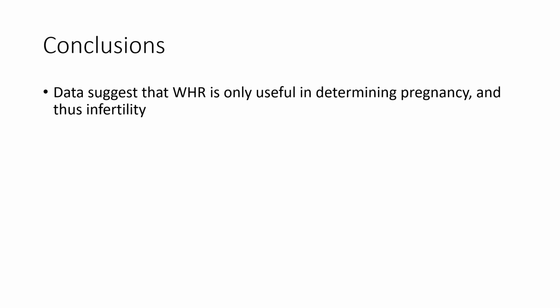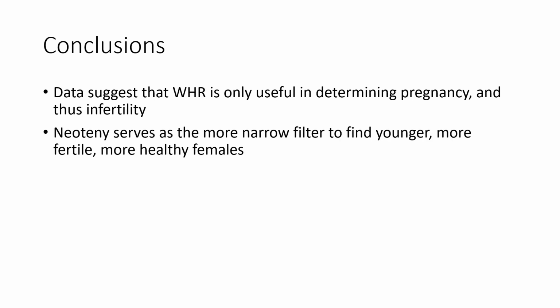Now, again, this is not any kind of conscious process. This is an evolutionary selection process. If you're looking for a fertile mate, it's probably advantageous for you in the immediacy to choose one that is not pregnant currently. So the data suggests then that waist to hip ratio may be useful in determining whether or not a potential mate is currently pregnant, but it doesn't really help you do much else.